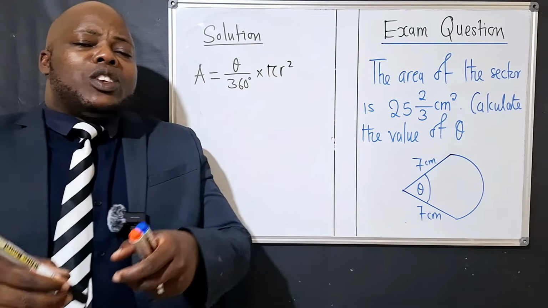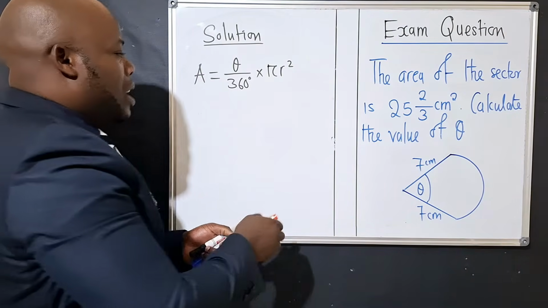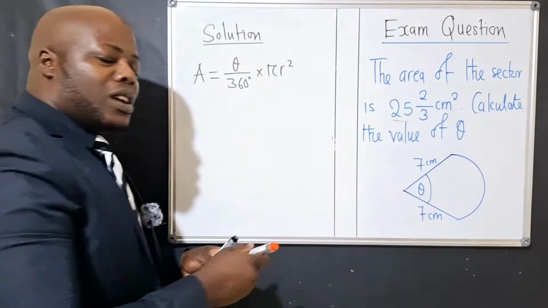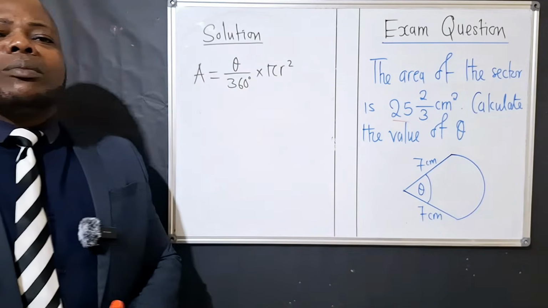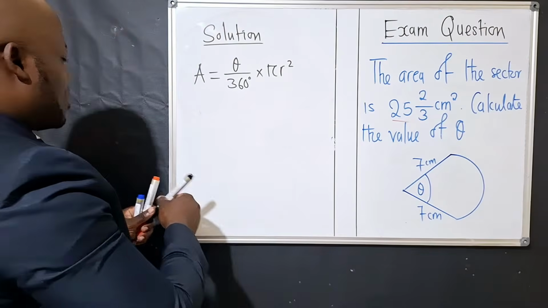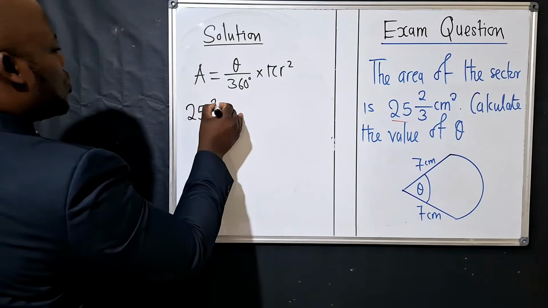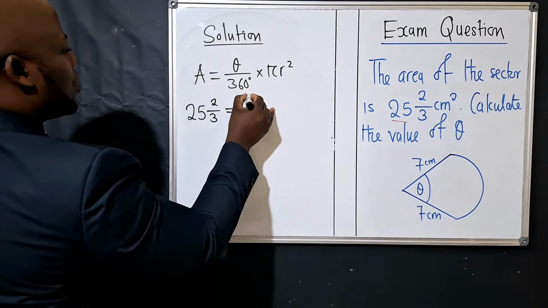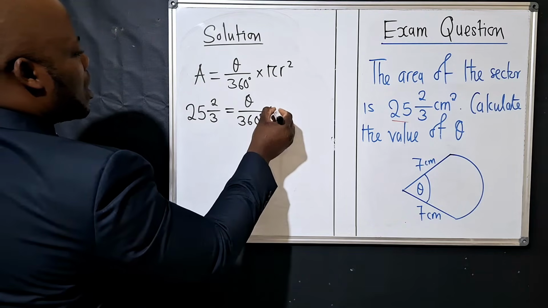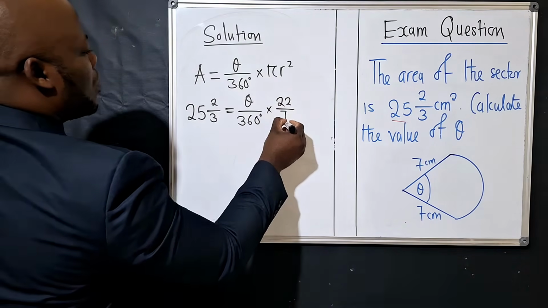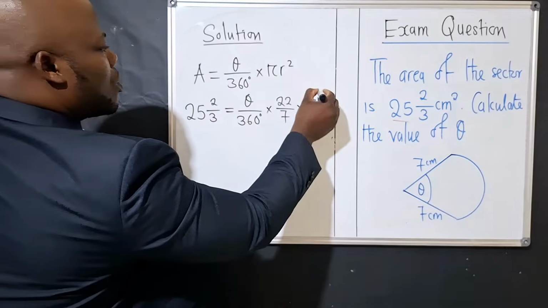The reason why I've decided to pick the formula for finding the area of the sector is because here they've given us the area. So now we can substitute the values. Area, we know that it's 25 remainder 2 over 3, which is equal to theta, we don't know, it's what we are looking for, over 360 degrees times 22 over 7 times the radius, which is 7 squared.